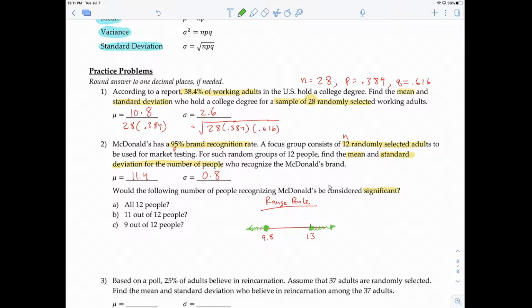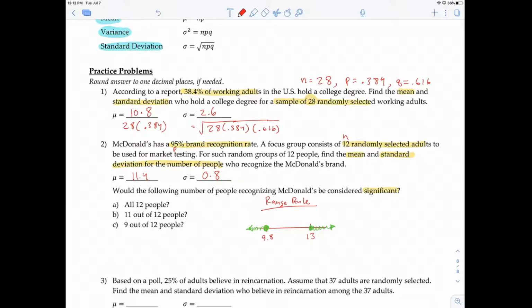So you can see that out of 12 people, if you get all 12 people recognizing McDonald's, that wouldn't be significantly high at all, because McDonald's is such a widely recognized brand that you wouldn't think it's significantly high if all 12 people recognize McDonald's, right? Again, if you're using just common sense thinking.